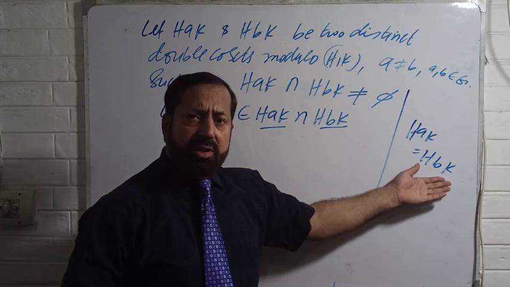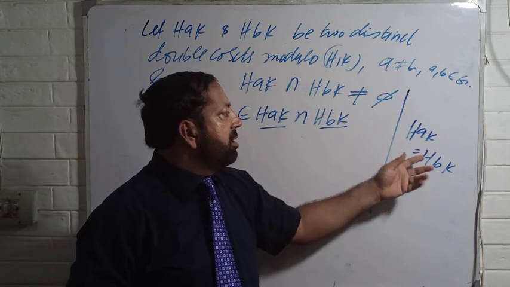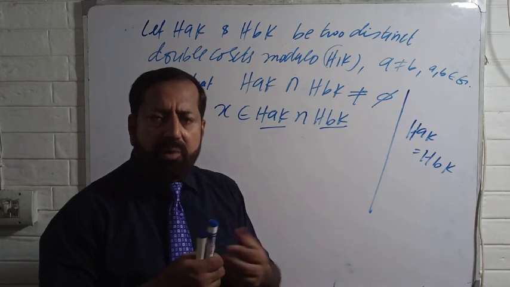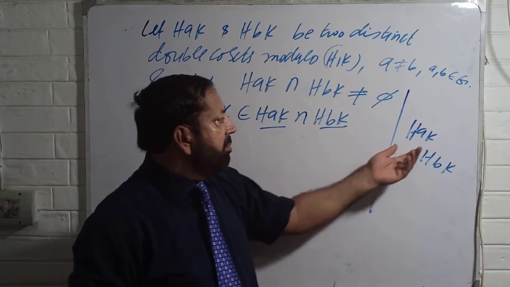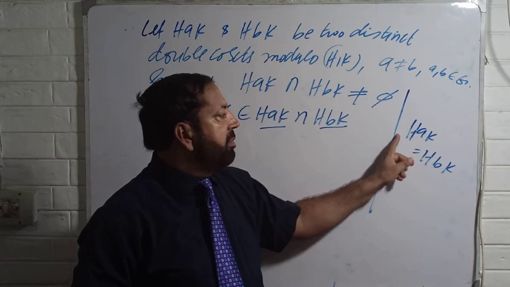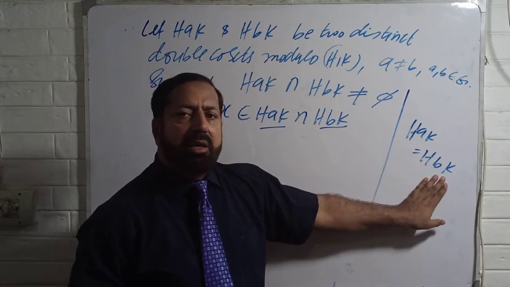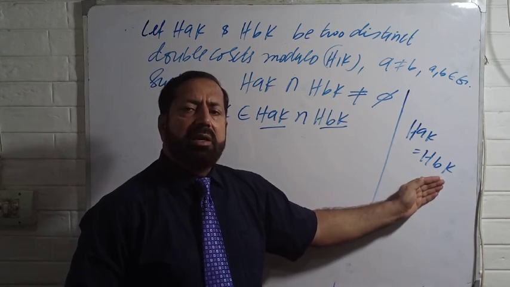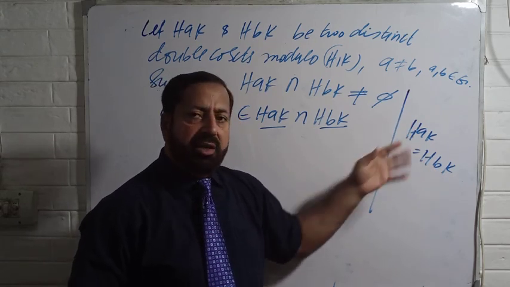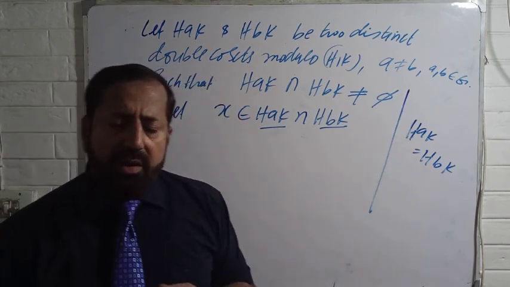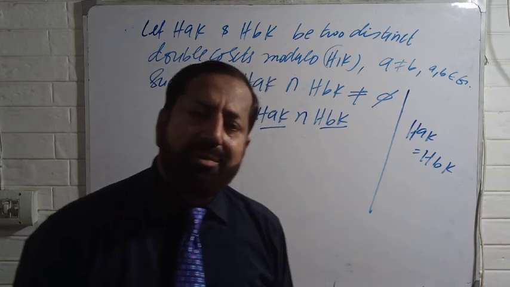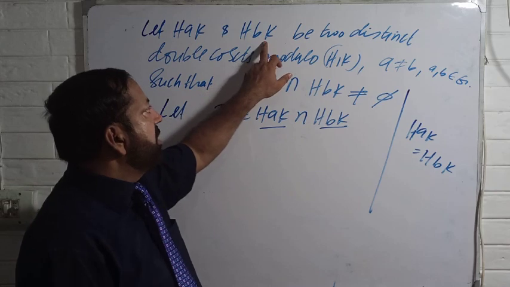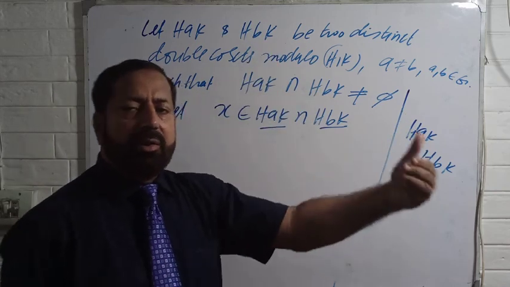So how can I show this? I can show this simply with the help of equality of sets. That is, you take an element from HAK and show that it is an element of HBK, and conversely you take an element of HBK and show that it is an element of HAK. If these two are equal, you have a contradiction, because you supposed that HAK and HBK are two distinct double cosets.